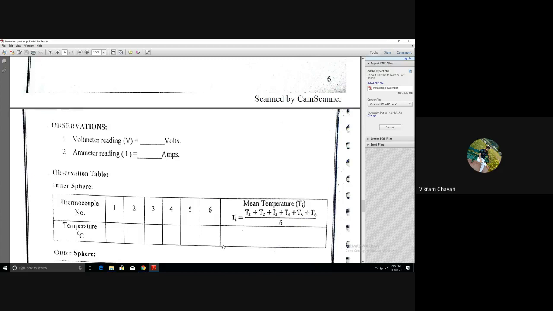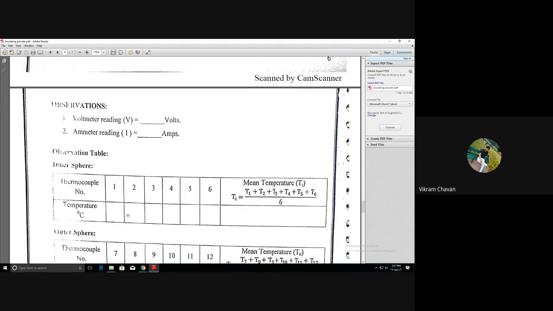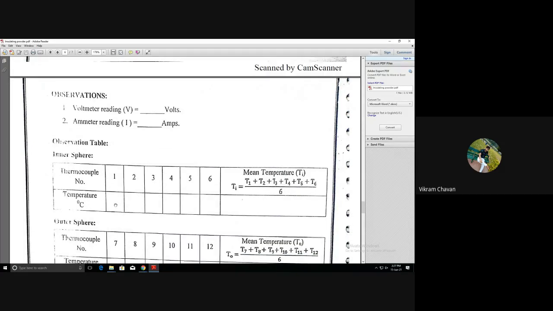So we have to take a bunch of readings at a particular time, these 12 readings. Then after 5 minutes or after 10 minutes, you have to take the second reading once again for the temperature, and check whether the previous readings match the next reading.